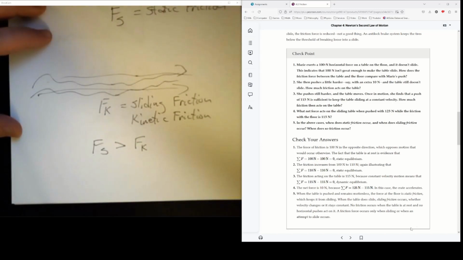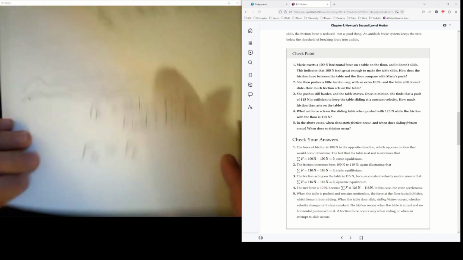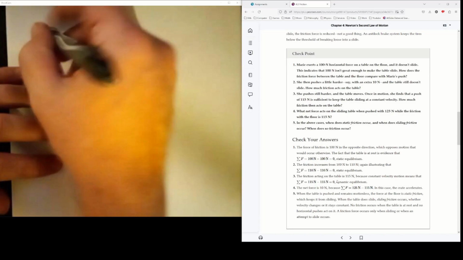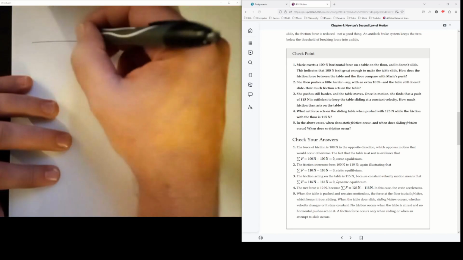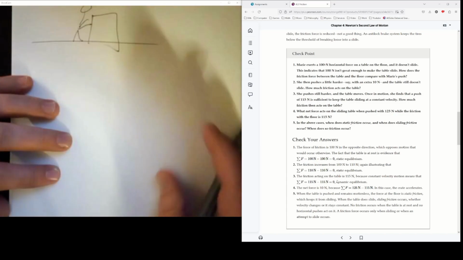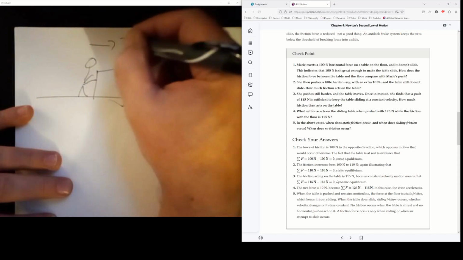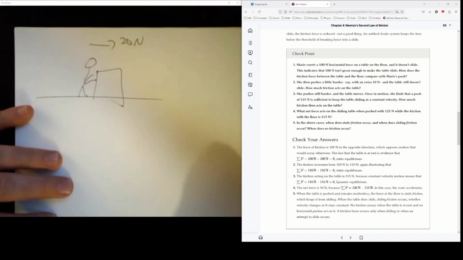And looking at these check answers here, I see they're getting 0. And what they're saying there is, well, let me do this. Let's say you got a block and you're going to push on it with 20 newtons of force.